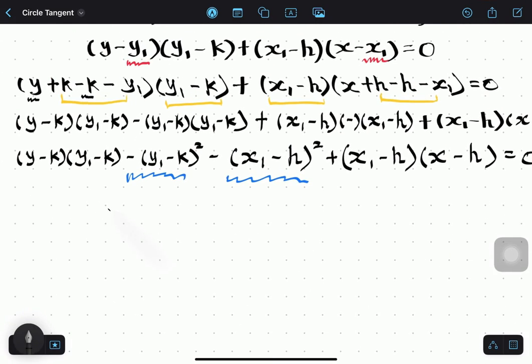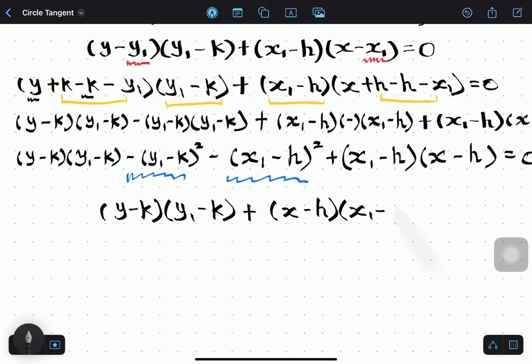So I bring it over to the other side and rewrite this equation. y1 is given, k is also given, x1 is given, h is given.